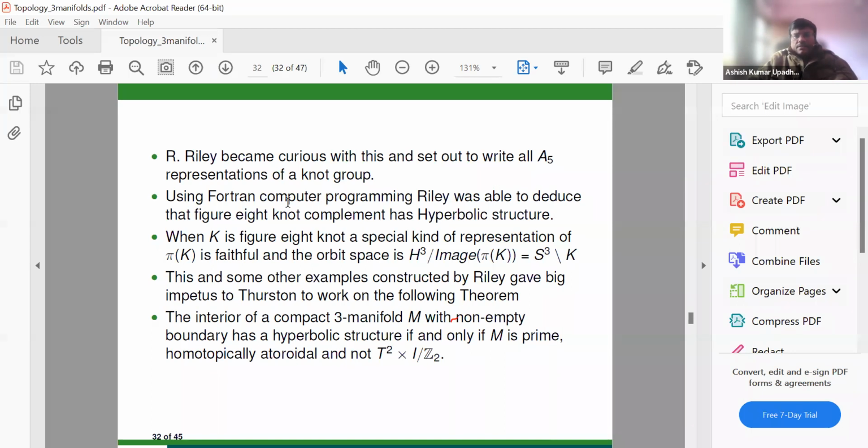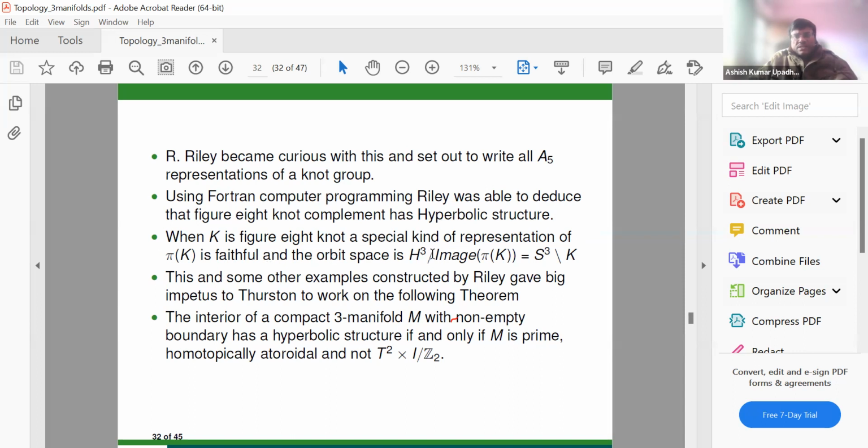And here, using a Fortran program, the hyperbolic structure was somehow connected with the knot complement, where figure 8 knot was involved. So now, when K is figure 8 knot, a special kind of representation of the knot group is faithful. Faithful means injective representation.